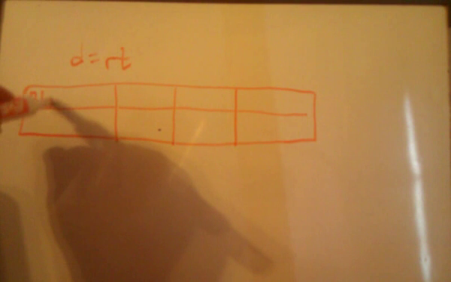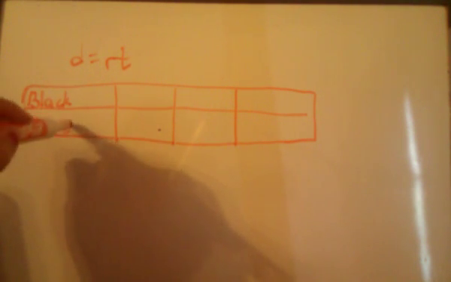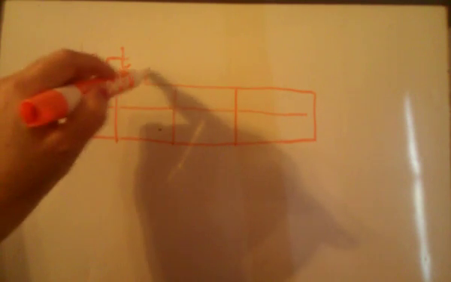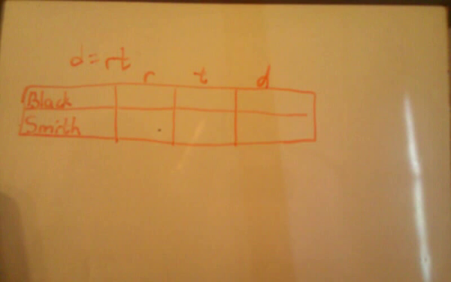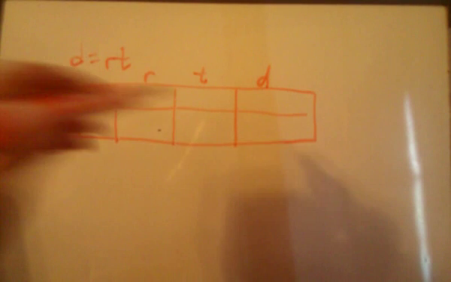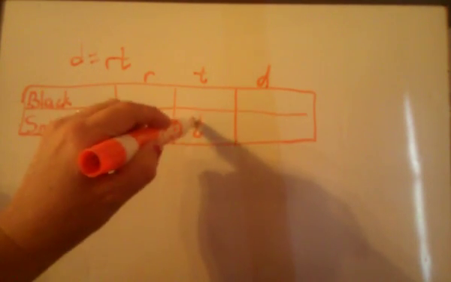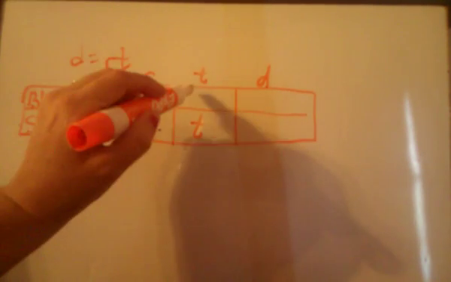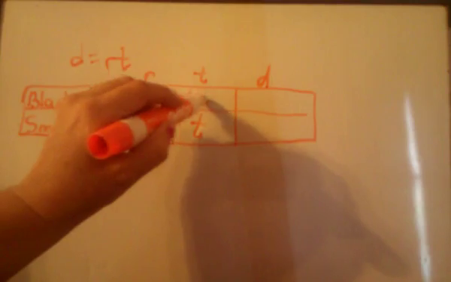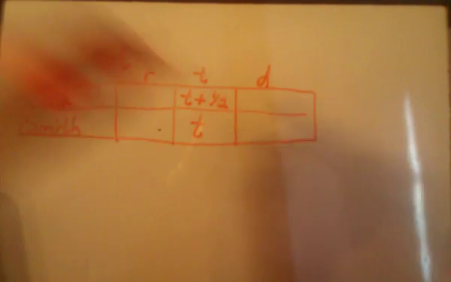I have rate, time, and distance. Now, it told me to let t be Mr. Smith's time, so t, and let t plus 1/2 be Mr. Black's time. So t plus 1/2, it told me that, right?